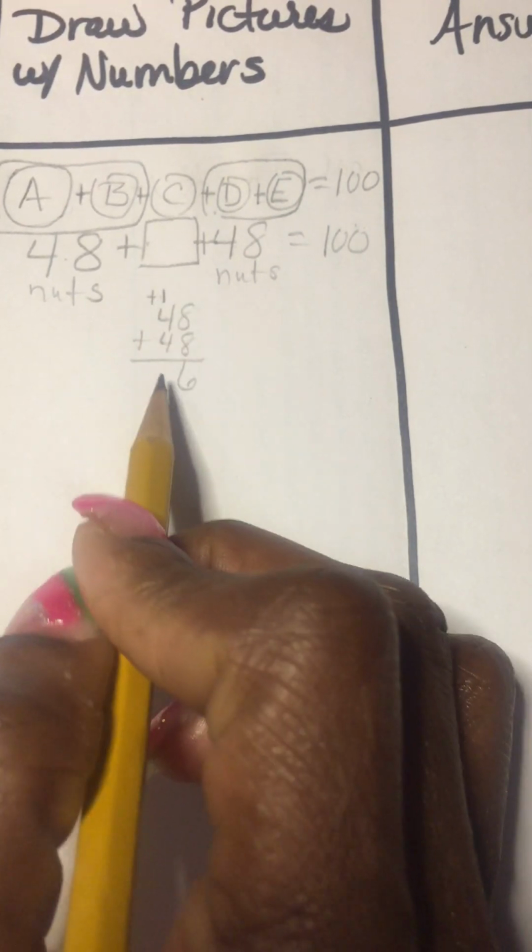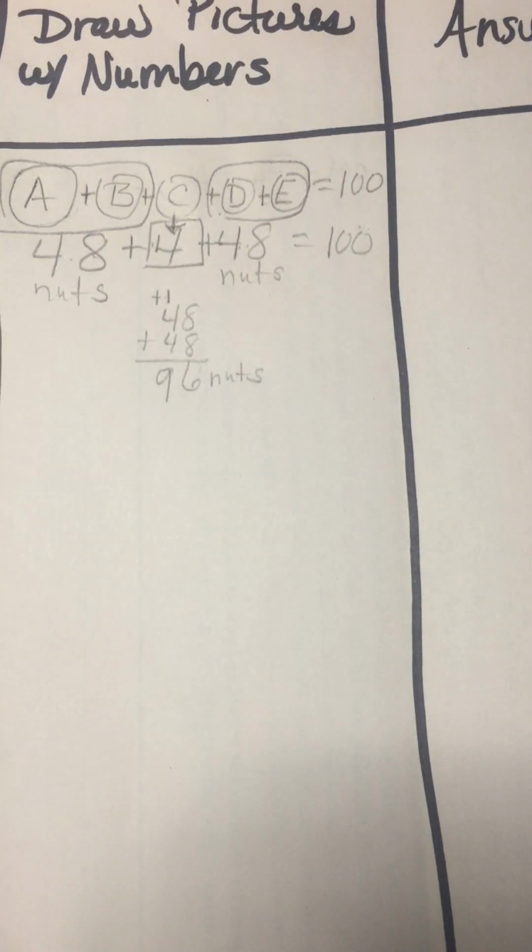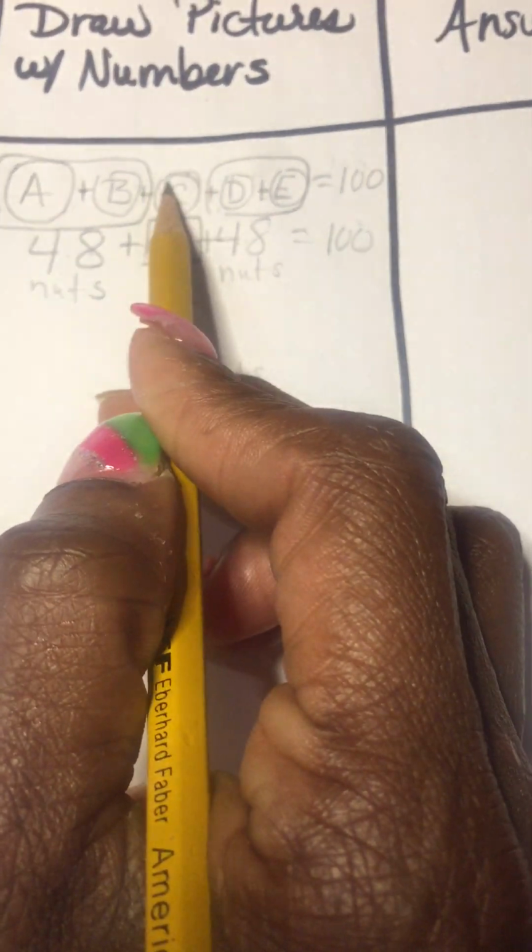You put the 6, you carry the 1 plus 1 at the top. 4 plus 4 is 8 plus 1 is 9. Together, these 2 bowls have 96 nuts. So that means that bowl C has to have 4 nuts. So everywhere I see a C, I'm going to plug in the number 4.